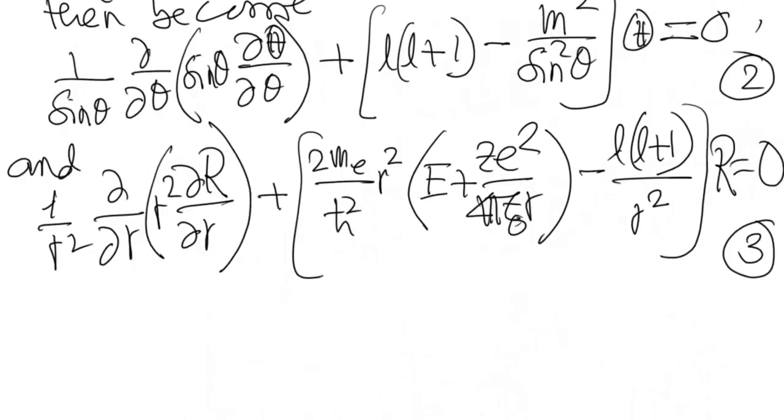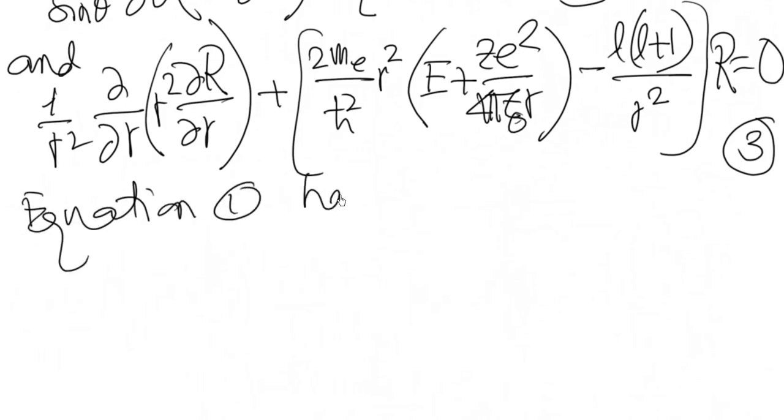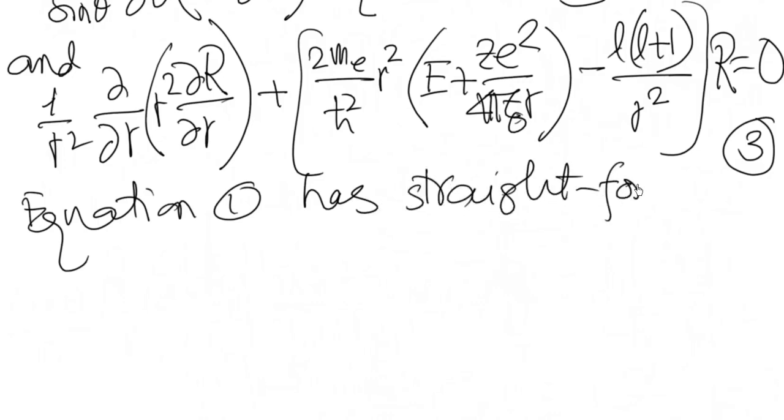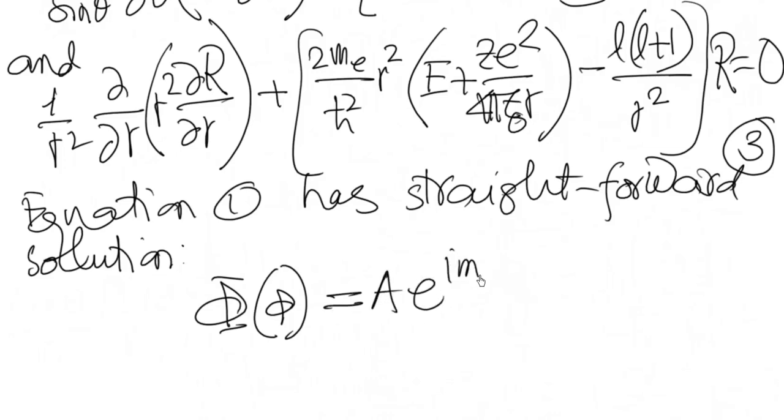Equation 1 has a straightforward solution. And the solution is this, where A is a constant, a normalization constant.